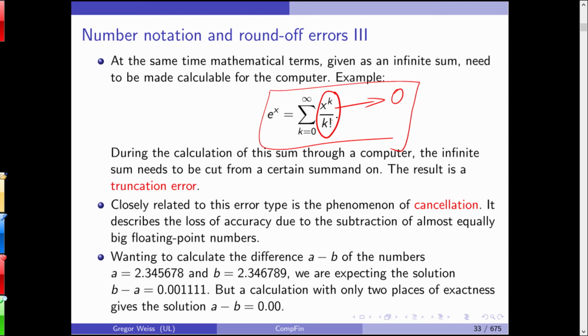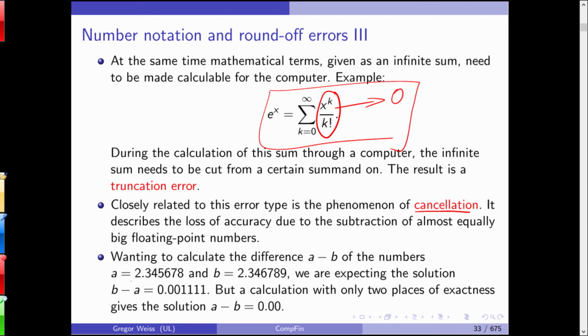Okay. And sometimes you have something called cancellation, Auslöschung in German. Cancellation describes the loss of accuracy due to the subtraction of almost equally big floating point numbers. For example, take A and B. A is 2.345678, B is 2.346789.